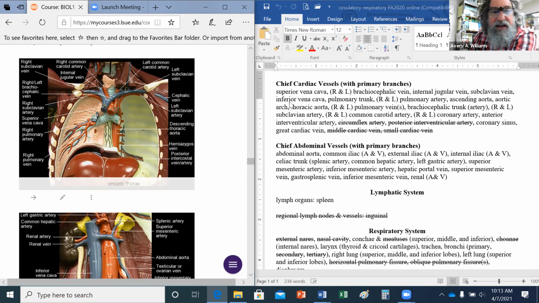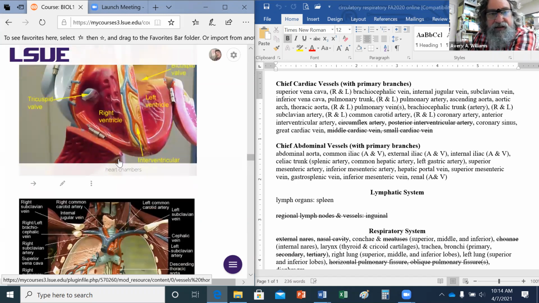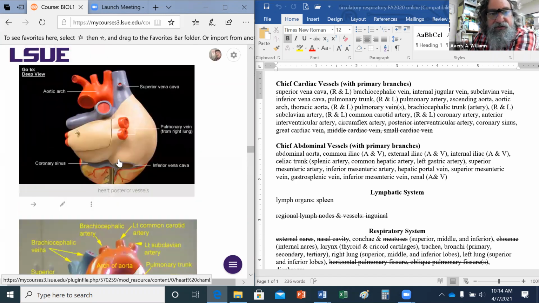Then the inferior vena cava. So here's the heart that's missing, right? In the inferior vena cava, here's the liver, there's the diaphragm. See the little blue thing right there? That's going to be coming through the diaphragm and entering the bottom of the right atrium. And to see that, you can look right here. This is the back of the heart, superior vena cava.